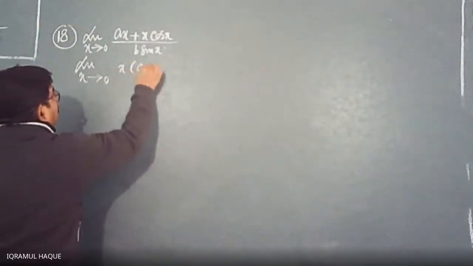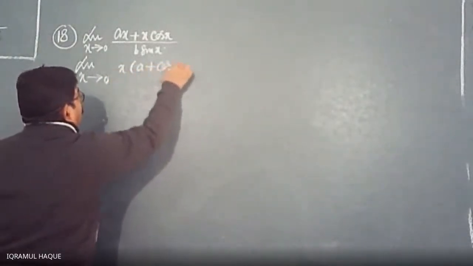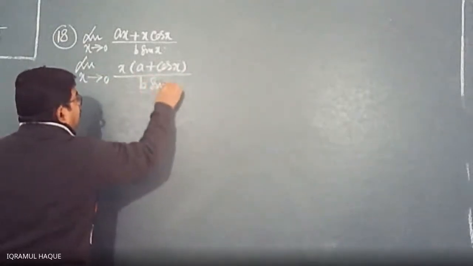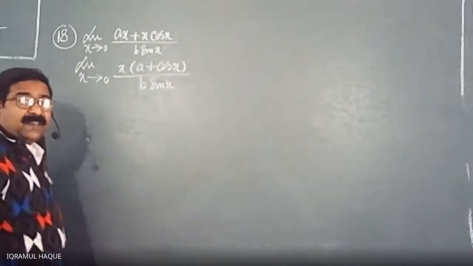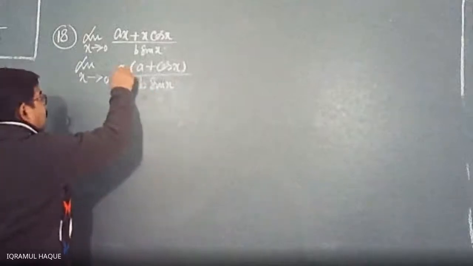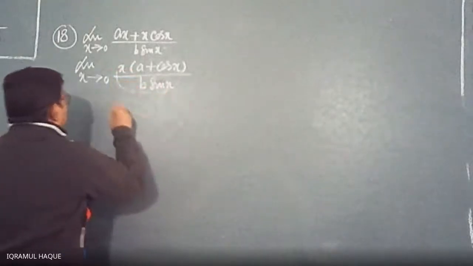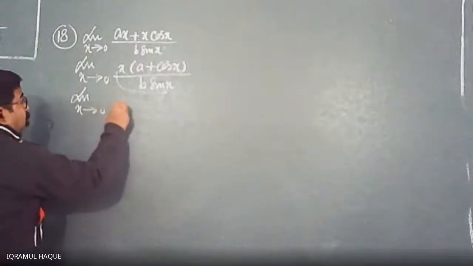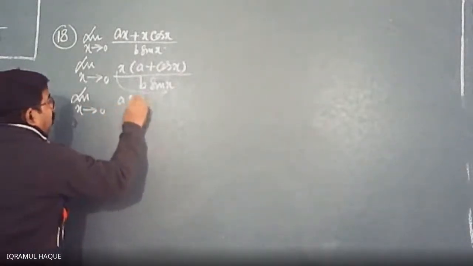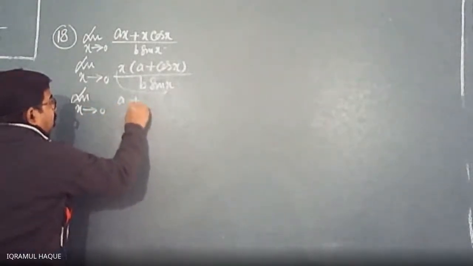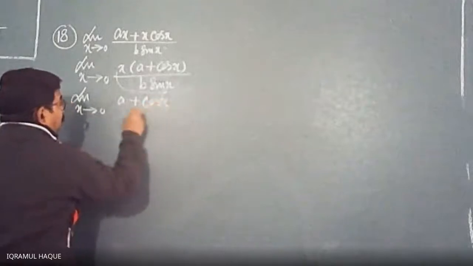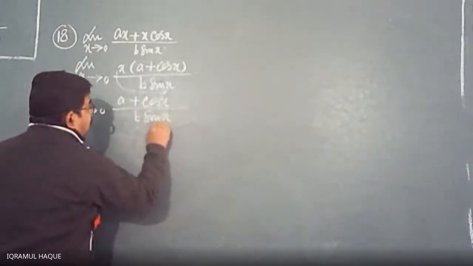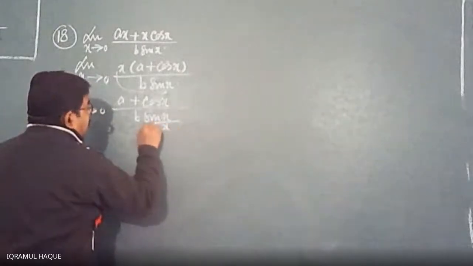We have a plus cos x upon b sin x. We can send this x here. So we can write limit x tends to 0, a plus cos x upon b sin x upon x.